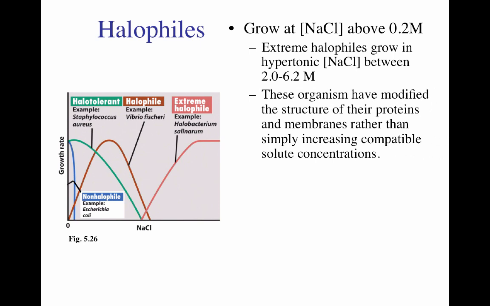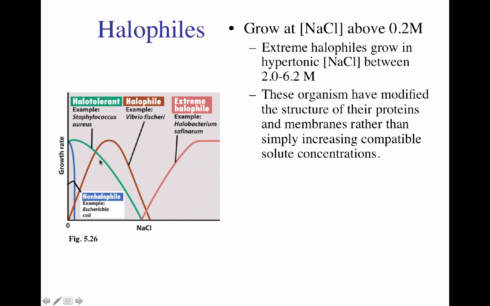Now, as I mentioned to you, they also have a table similar to the cardinal temperatures, but in this case it's going to be the cardinal concentration of sodium chloride. So most non-halophiles, like E. coli, can only grow at a very narrow concentration of salts, whereas you have some halotolerant bacteria like Staph aureus, which are able to grow at somewhat high concentrations of salt, but they don't like it very much.